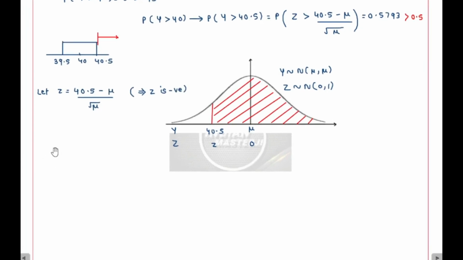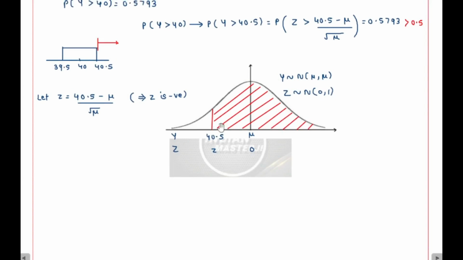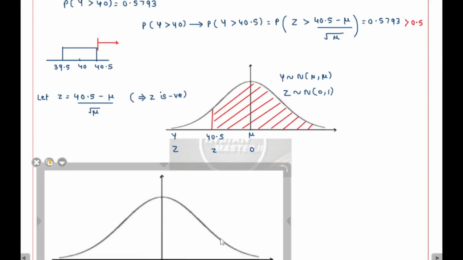So how do we find out this particular z? We also know in normal distribution that the areas are symmetrical.